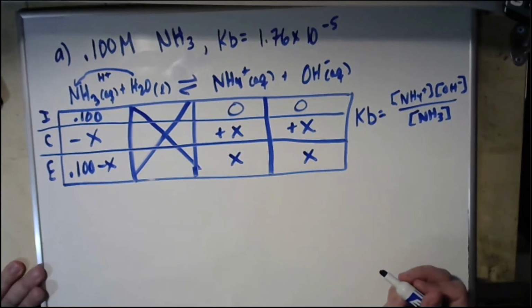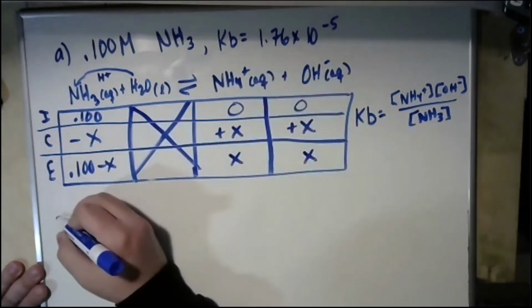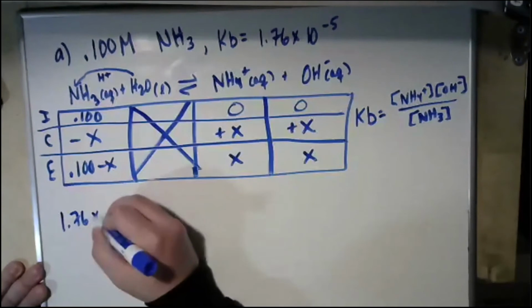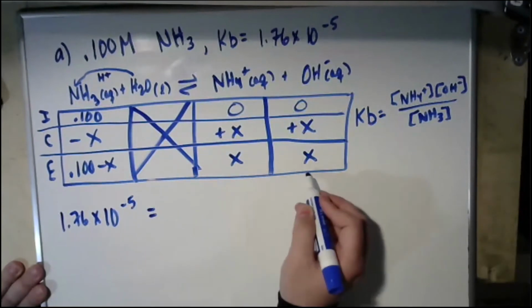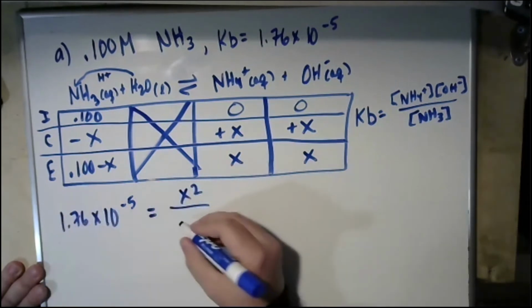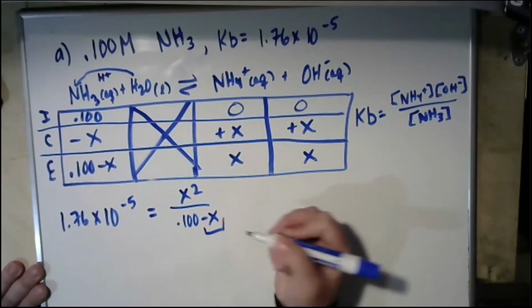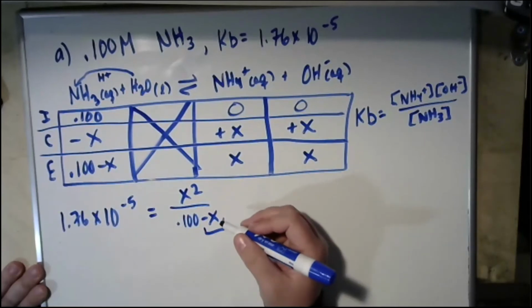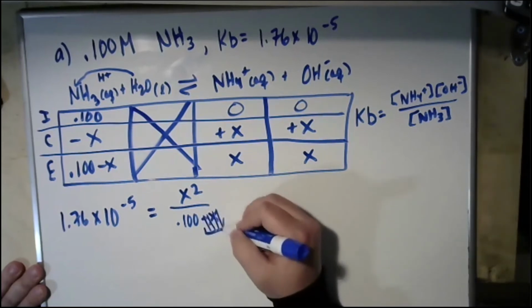Okay, so when we set up our Kb expression now, we have 1.76 times 10 to the negative 5 equals X times X, or X squared, over 0.100 minus X. And again, this K value is very small, so I'm going to assume that this X is small, and we'll check it before we move on.